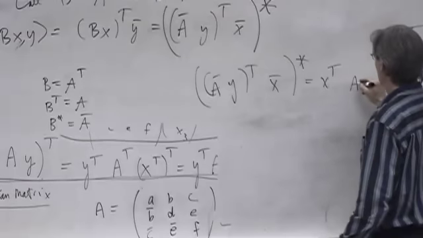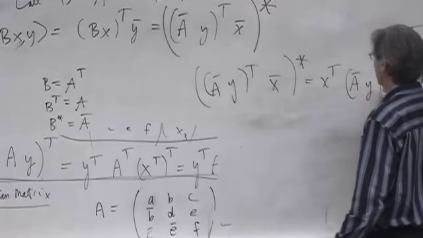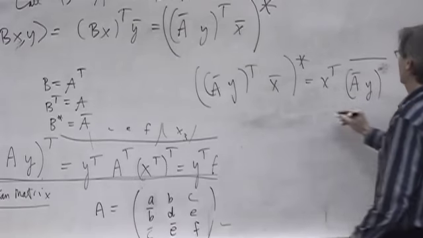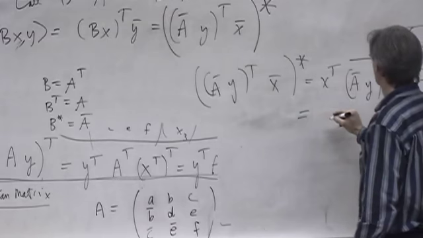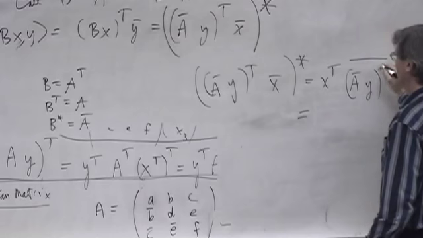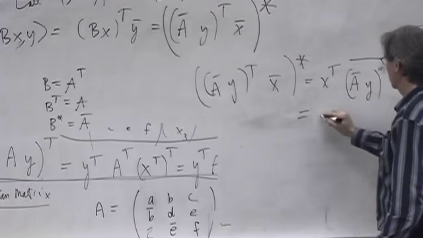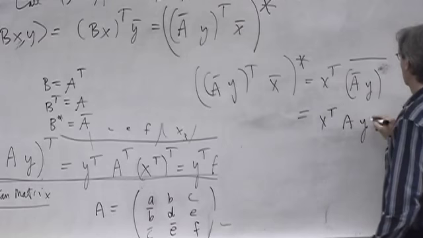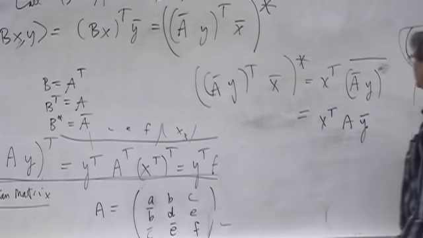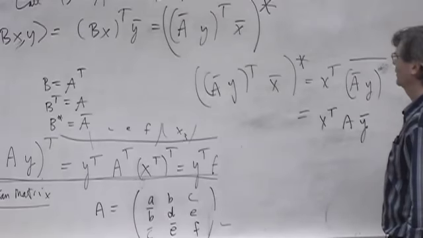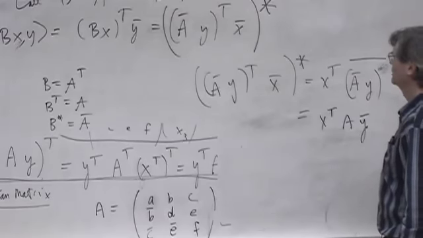Then I'll get an A bar Y conjugate, which is going to be, the conjugate doesn't reverse the product, X transpose A Y bar. So it looks like I had B equals A transpose, so this doesn't look quite right.